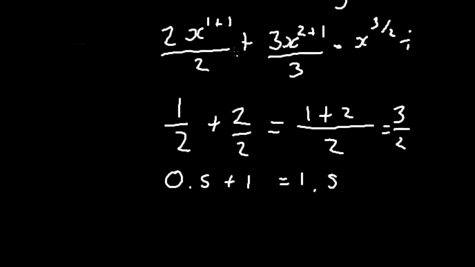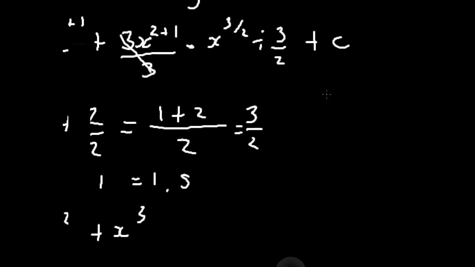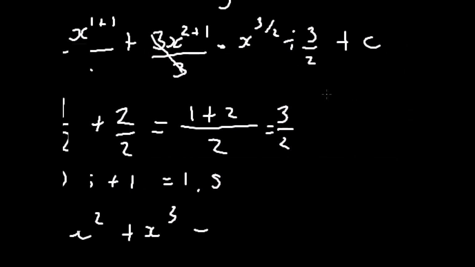So let's rewrite out this top line here so that it looks nicer. And that'll be, the 2's cancel out there, and that'll be x squared plus the 3's cancel out, x to the power of 3. Now, what's happening here is that we go minus, and that way of dividing by 3 divided by 2 is you can say it's times.